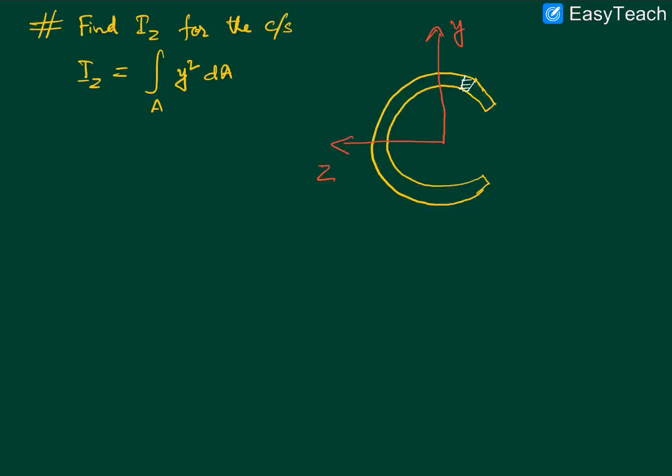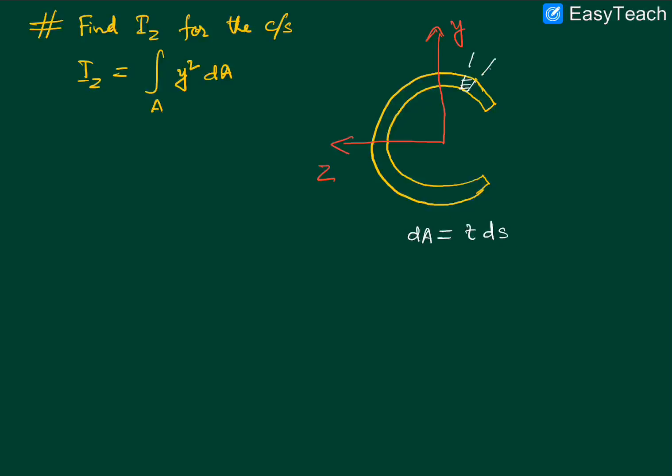So that will be nothing but t times ds. So maybe it will be useful to just write it down separately here. The dA will be equal to t times ds.